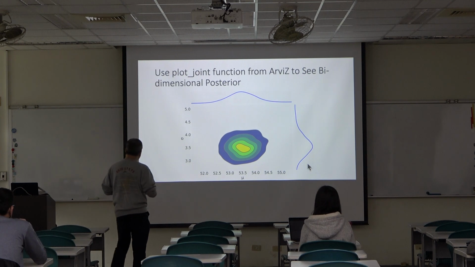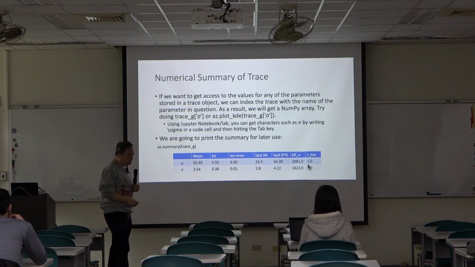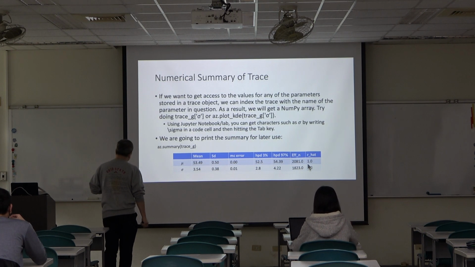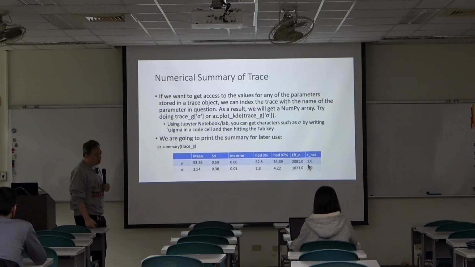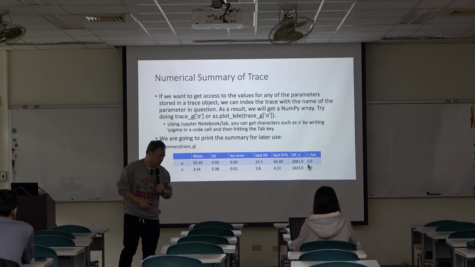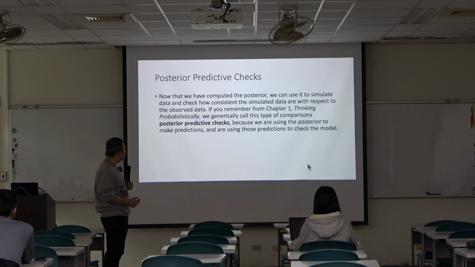We talked about this last time, but this is the summary of the posterior for mu and sigma. Of course, these represent the marginal probability distribution summary, because the whole thing is a joint probability anyway. But is this model good enough?